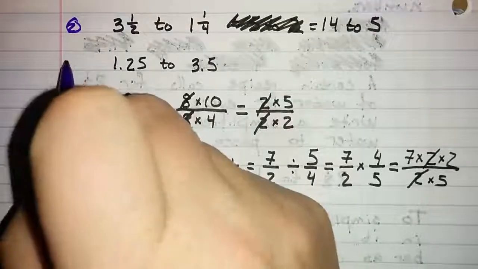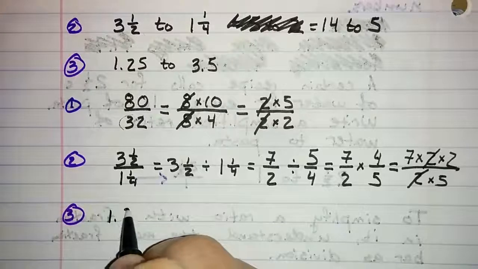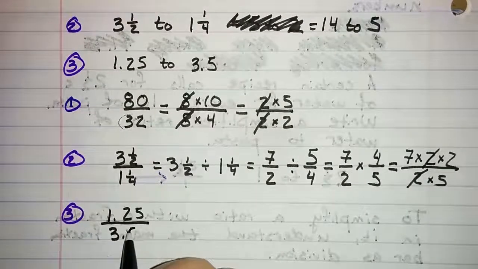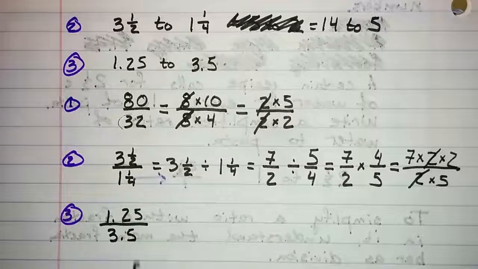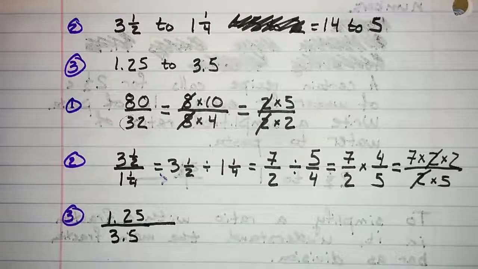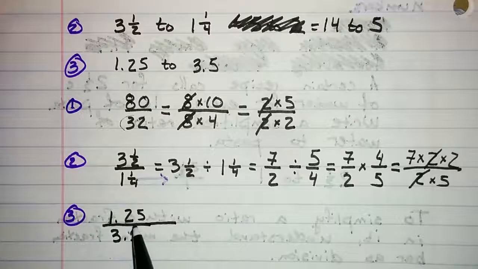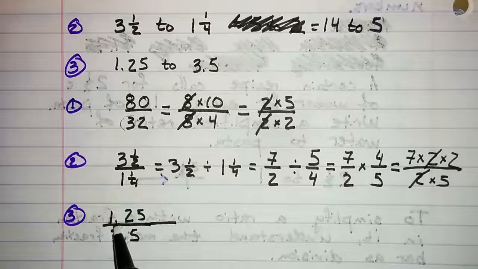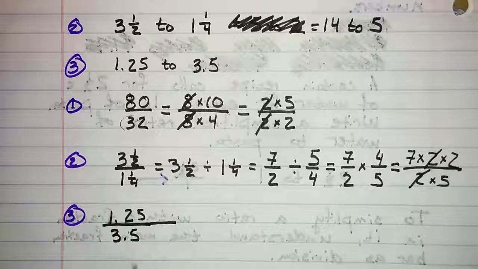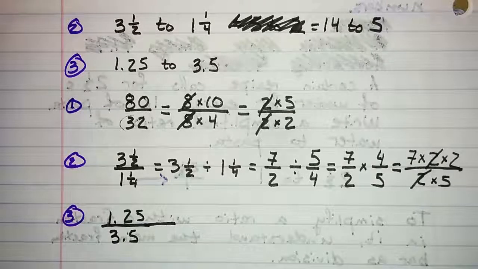And finally, we have 1.25 over 3.5. So what do I need to multiply each number by to get a whole number? I need to multiply 1.25 by a 1 followed by 2 zeros. 3.5, a 1 followed by 1 zero.